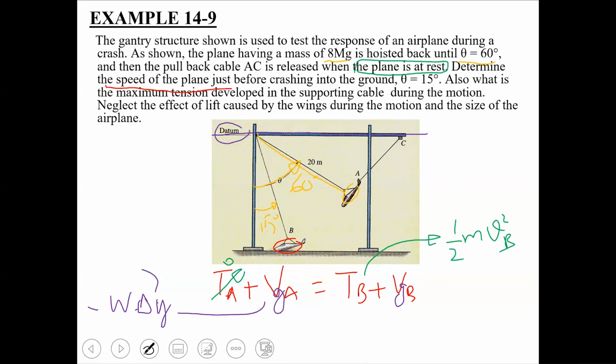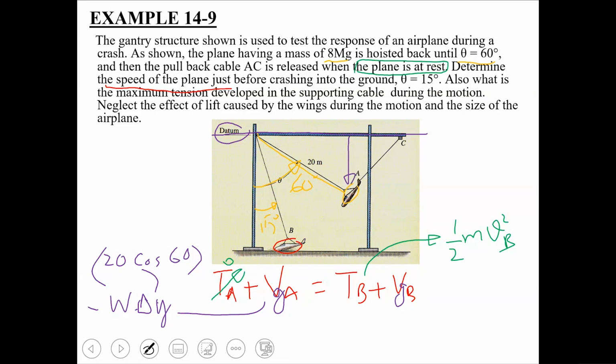We have two triangles given, so it is going to be 20 cos 60, isn't it? Yes sir. So this is basically delta Y, which is going to be 20 cos of 60.